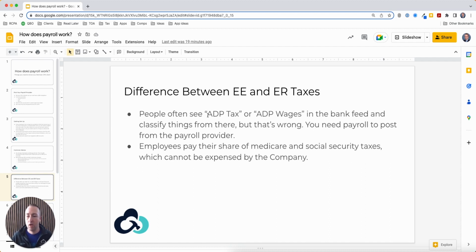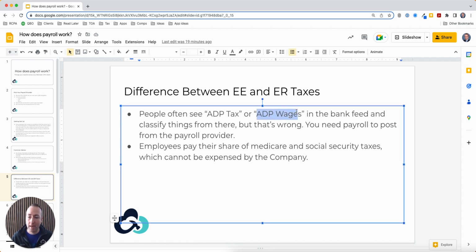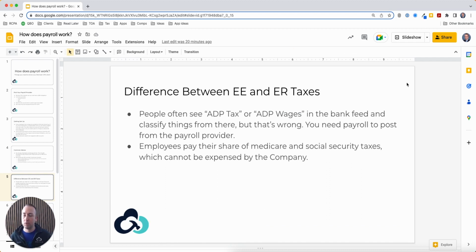So this is why we need an integration with QuickBooks Online, because when we set up these mappings from the payroll service to QuickBooks, it will automatically create a journal entry that will post everything to the right buckets. And then when you see these transactions come through in the bank feed, you should have a match for ADP wages, and then you should enter ADP tax as either an expense or a transfer from your payroll liability account.